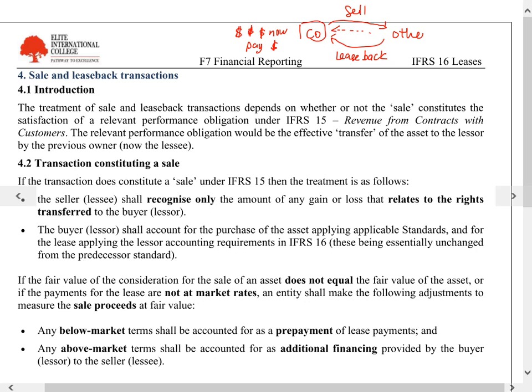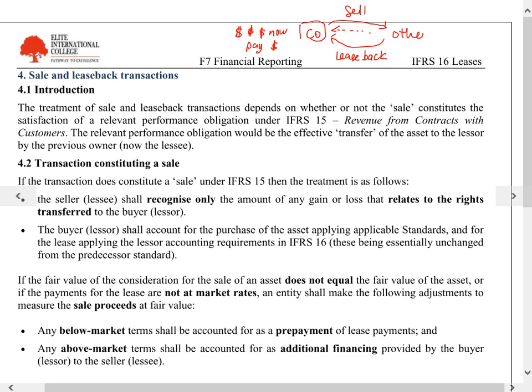Is it okay? Sale and leaseback means, from my point of view, my operation is not affected because the asset is still with me. The only difference now is that last time I owned the asset. When I sell, I do not own the asset anymore, so it's a de-recognition.